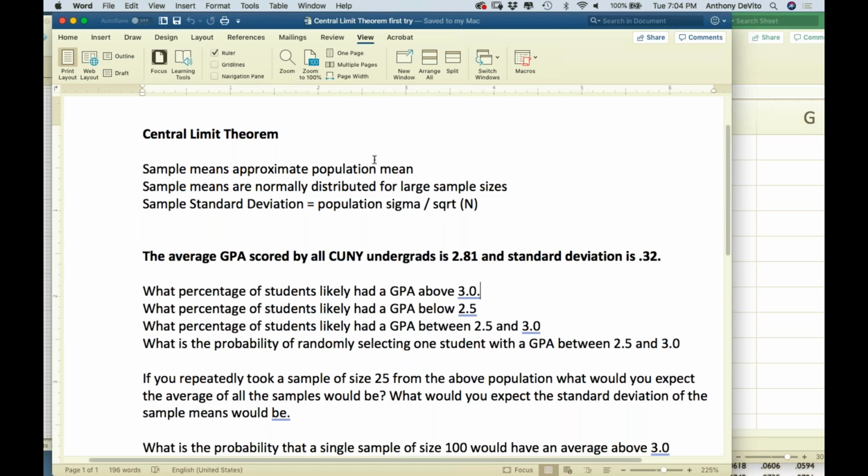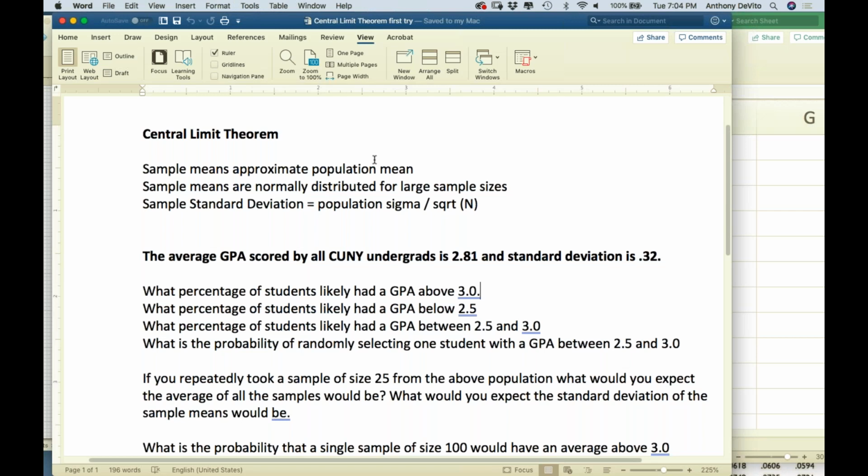Once in a blue moon, it's going to be exactly the population mean. It's going to be normally distributed, right? So our new distribution of sample means has the same mean as the population does.